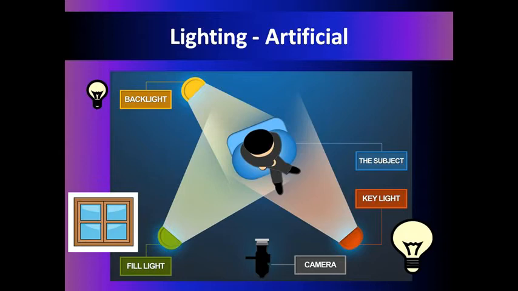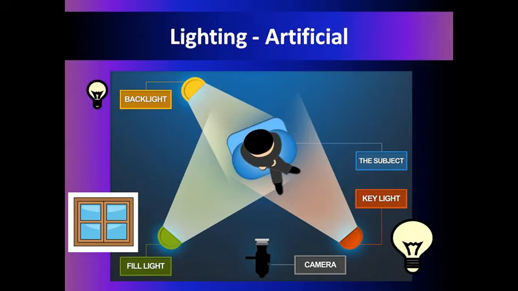But if the light from the window is stronger than the key light, then you can reverse: the window light can become the key light and the bulb light can become the fill light. And in the background you can have a small light, but the backlight has to be at a higher level, much higher than the subject.